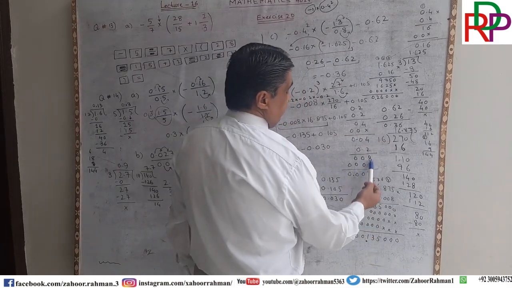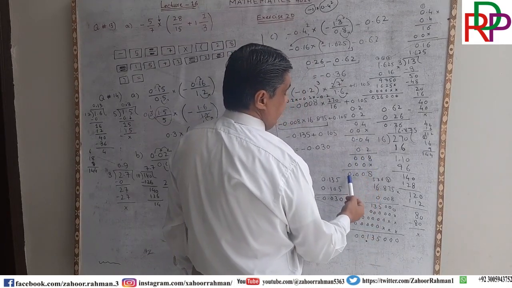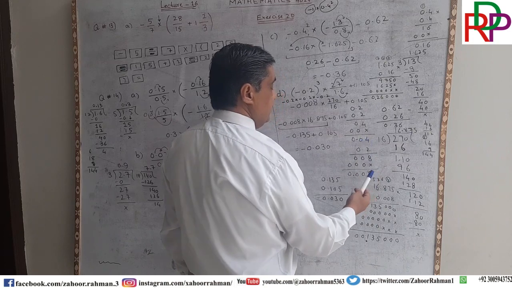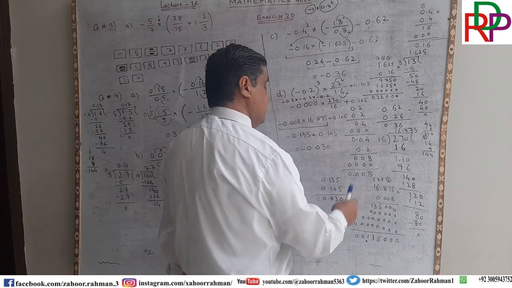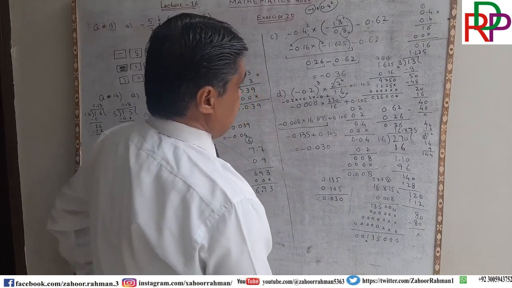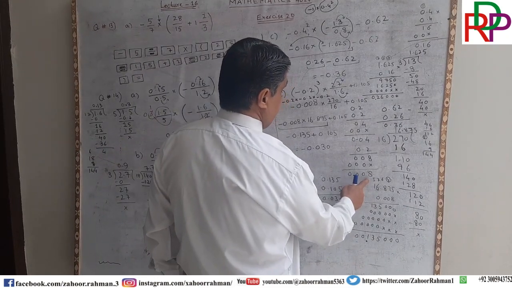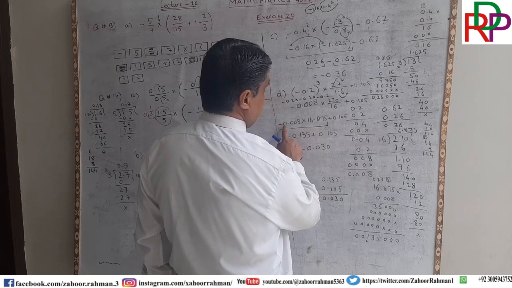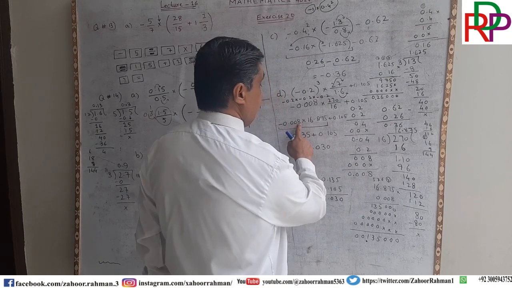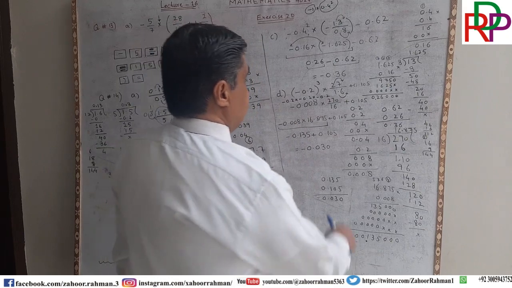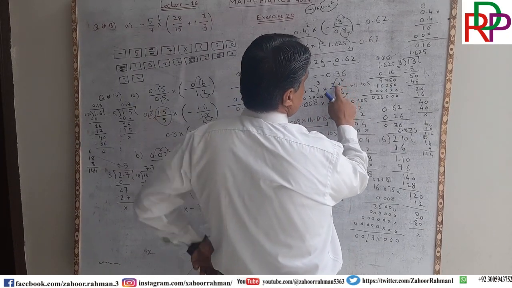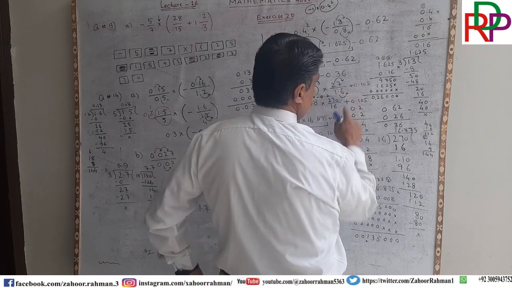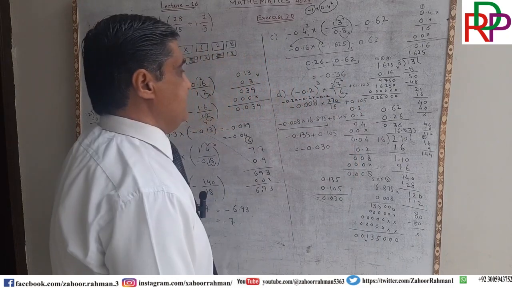So when we add 8, 0, 0 and 0, because 1, 2, 3 are digits after the decimal, we have to put the decimal after 3 digits, and as a result we will get minus 0.008.